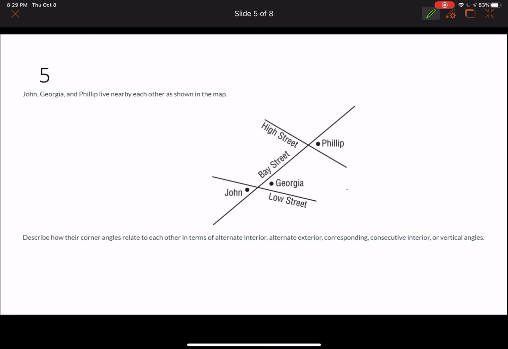All right, here is the last one. So I wanted you to describe the relationships between John and Georgia. You could do Philip and John. And Georgia and Philip.